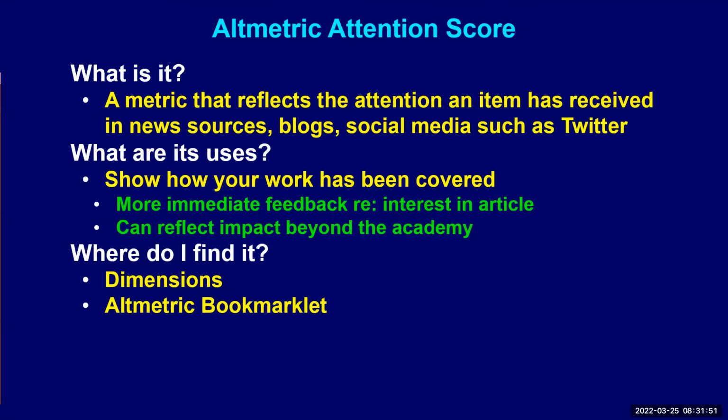And by quantifying the article's reach via popular news outlets and social media, it can reflect the impact the article's having beyond the academy. So a newly published article that hasn't been out long enough to have been cited in the scholarly literature might be getting a lot of attention in the popular press. And the Altmetric information can help you capture this interest and gives you another way to document your impact.